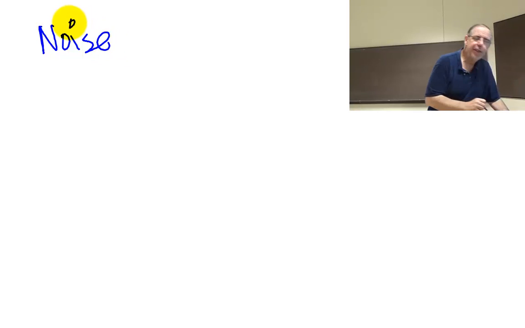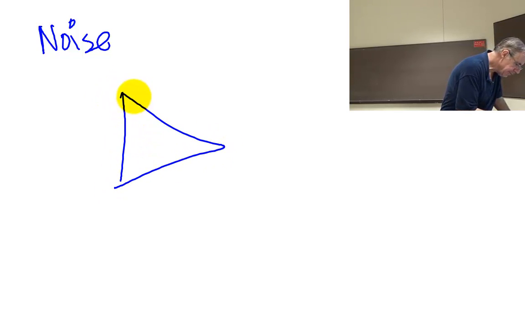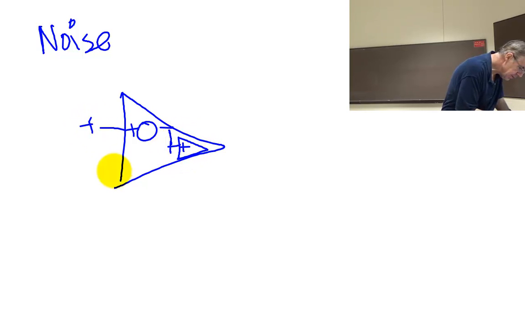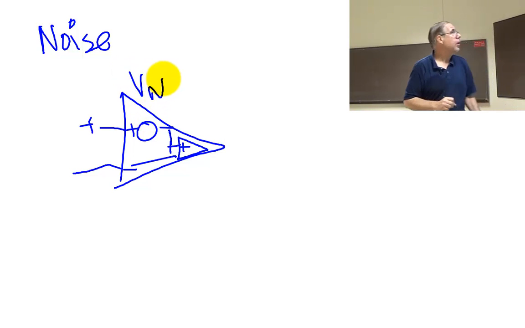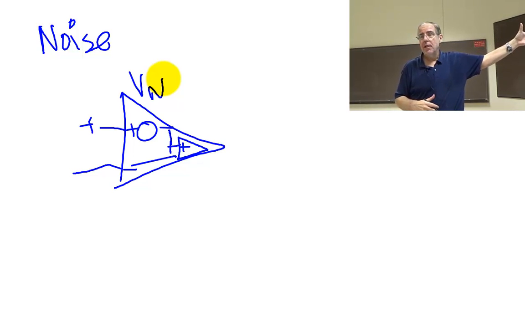Next is noise. And we're going to look at noise in the same way we looked at offset voltage, by the way. If we look at the noise of an op amp, the voltage noise looks like this. In other words, it's noise that's added to the input before we get to an ideal op amp.